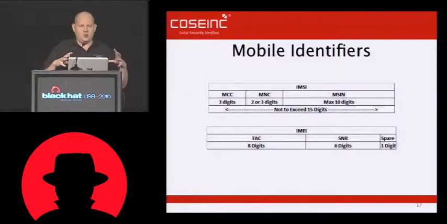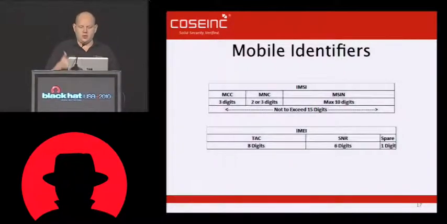Within the mobile GSM environment, there's a few key identifiers that are useful to know: MCC, MNC, IMSI, and the IMEI, right? So the MCC is the mobile country code, and with the MCC, you can tell which country, basically, a specific phone number is from, or a specific IMSI is from. The MNC is the network code.